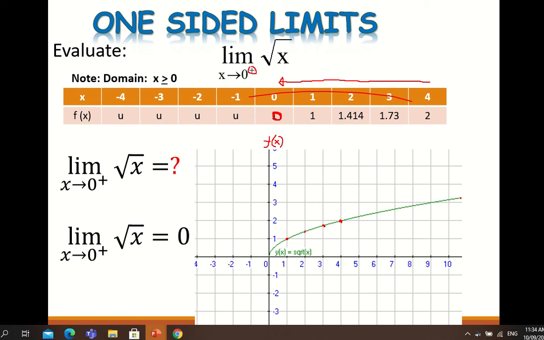Your values of x vary from 10 down to 9, 8, 7, 6, 5, 4, 3, 2, 1 until we reach 0.